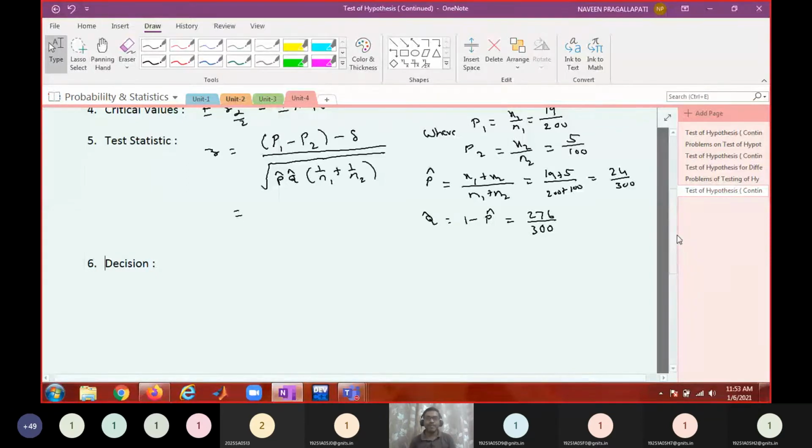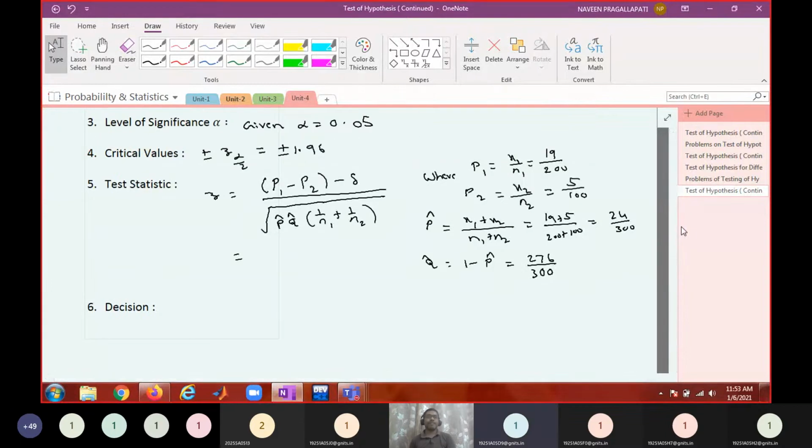Delta equal to 0. 1.3543. So 1.35. What about the others? Did you get the same value?